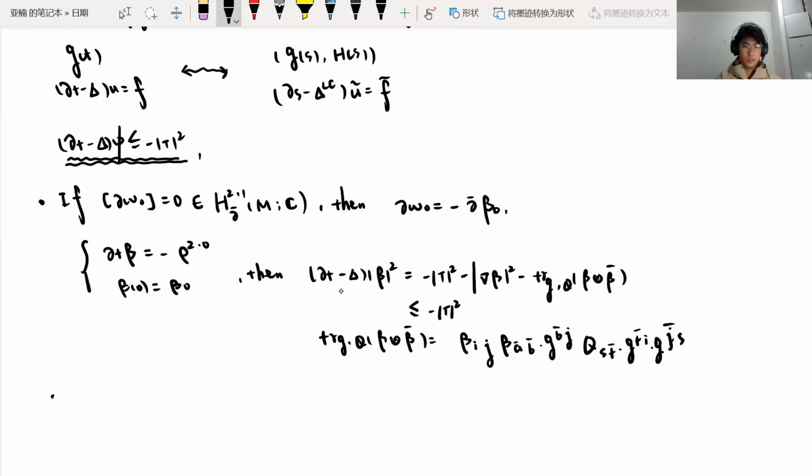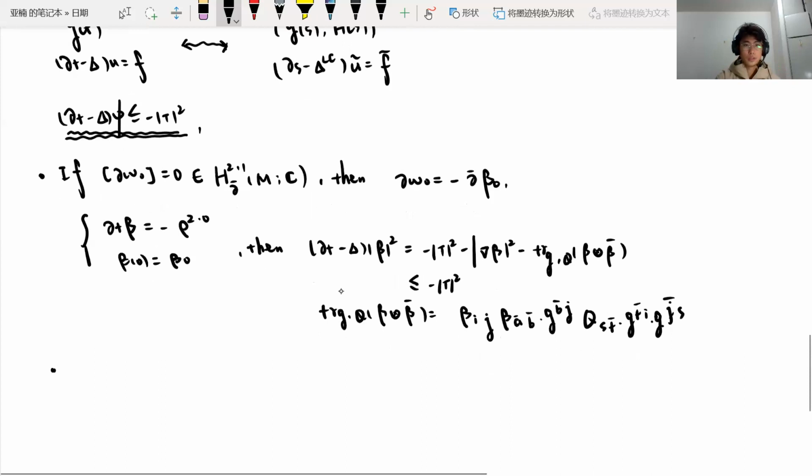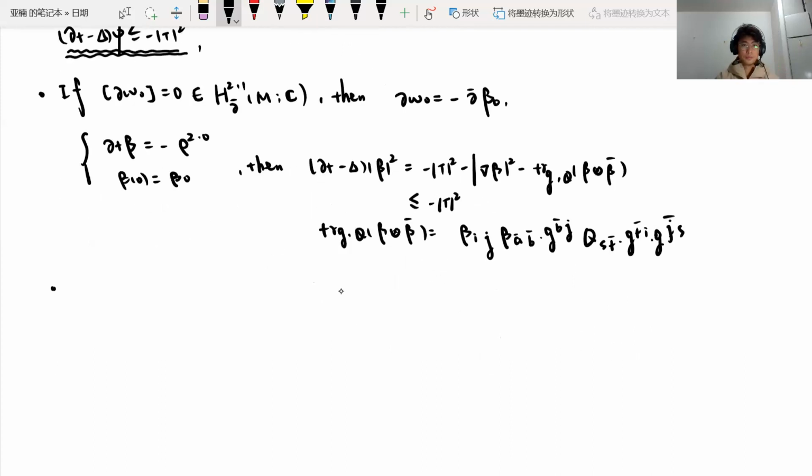Under this assumption, we have that the flow, the particles flow, is non-collapsing.